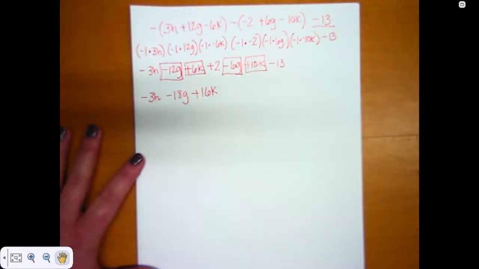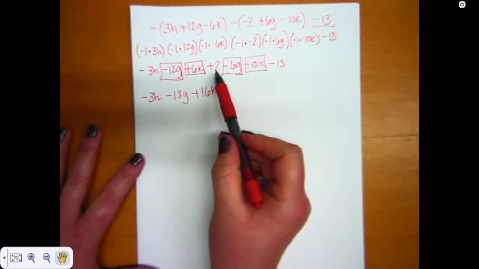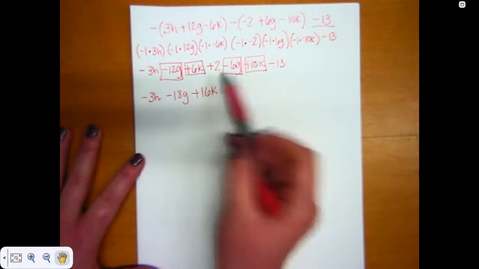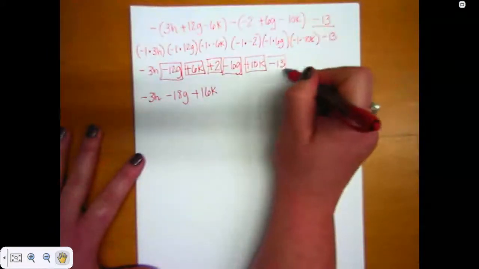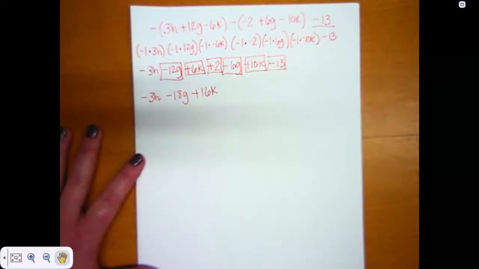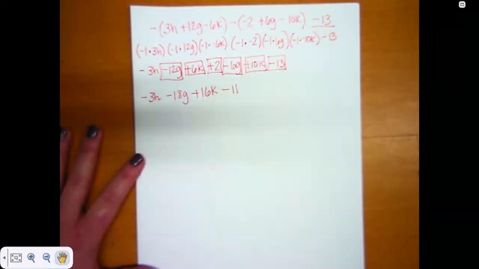16k. And now I'm going to check, do I have any other constant numbers? Remember, a constant number has no variable. So I do. I have a positive 2 and a negative 13. My signs are different, so I'm going to subtract and keep the sign of the largest absolute value, which would be negative 11.